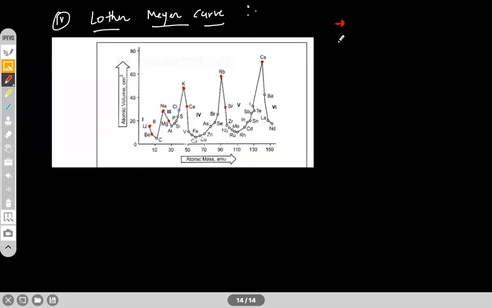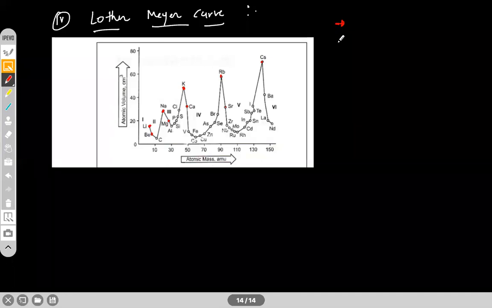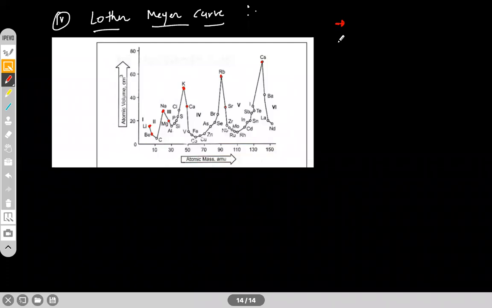So write down, from this curve we got to know that the physical properties of the elements are periodic functions of their atomic weight, and this becomes the basis of Mendeleev's periodic table.